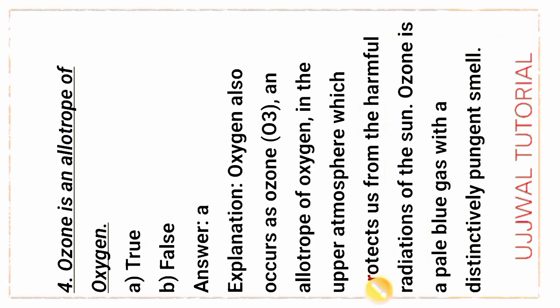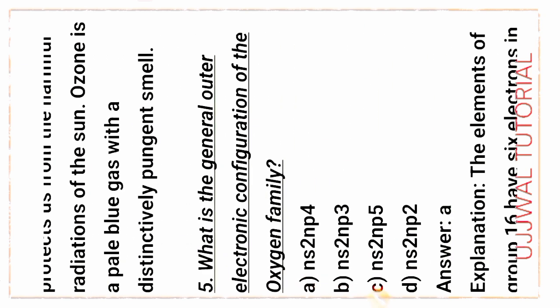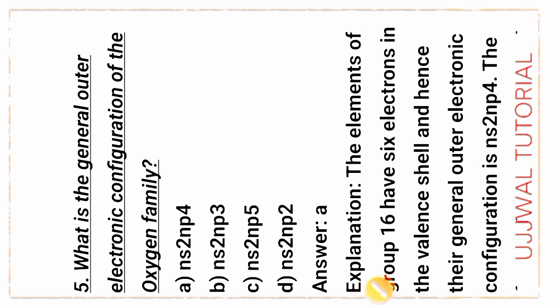Next question, question number 5. What is the general outer electronic configuration of the oxygen family? That is option A, ns2np4. That is, the outermost shell has 6 electrons.